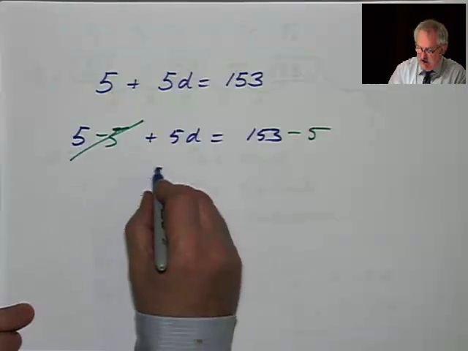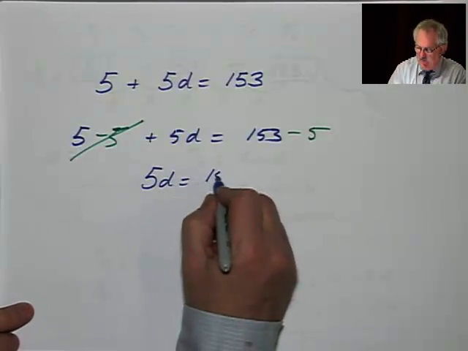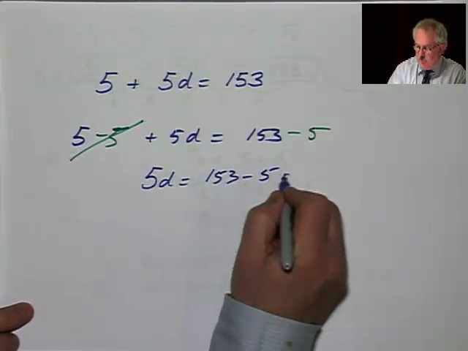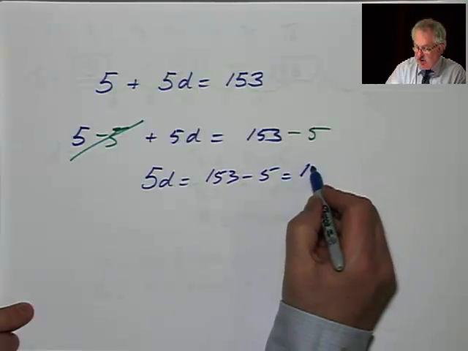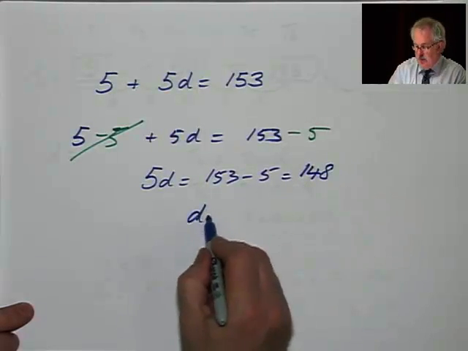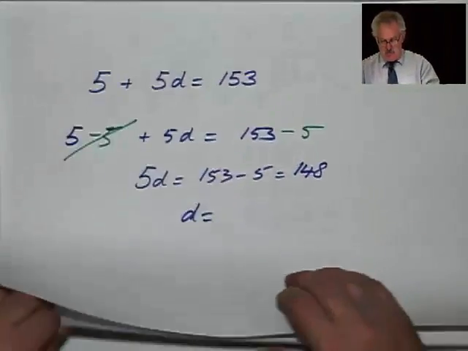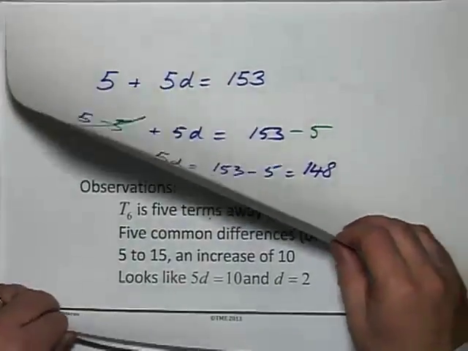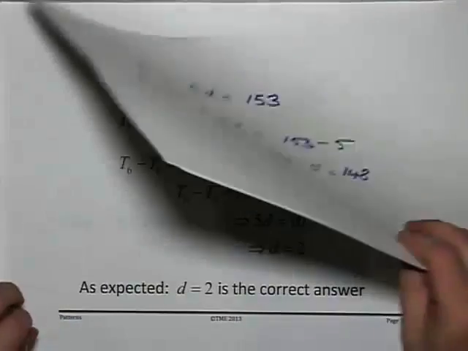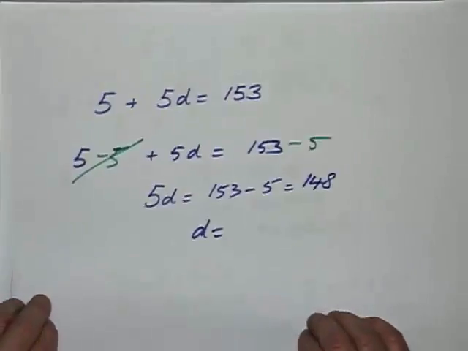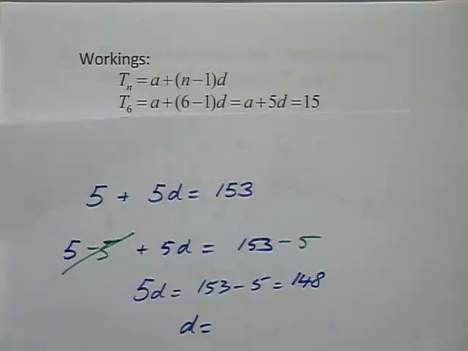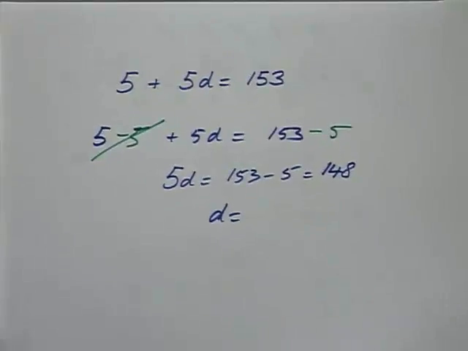So I get 5D is equal to 153 minus 5, which is 148 or something, is it? And then I work out what the D is from that. Is that okay? Happy with that?